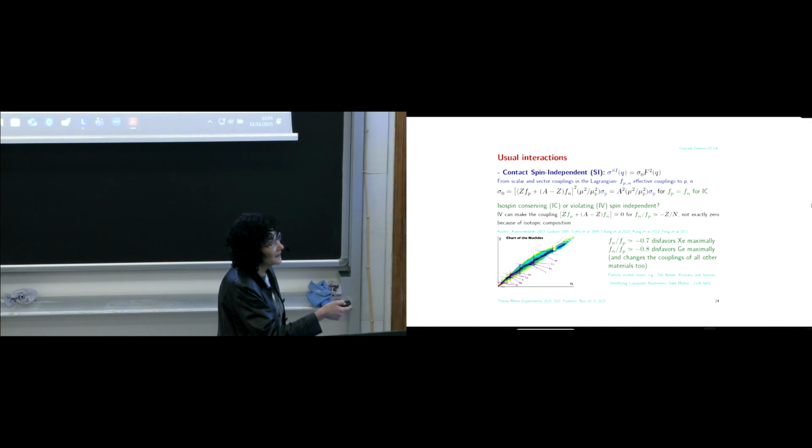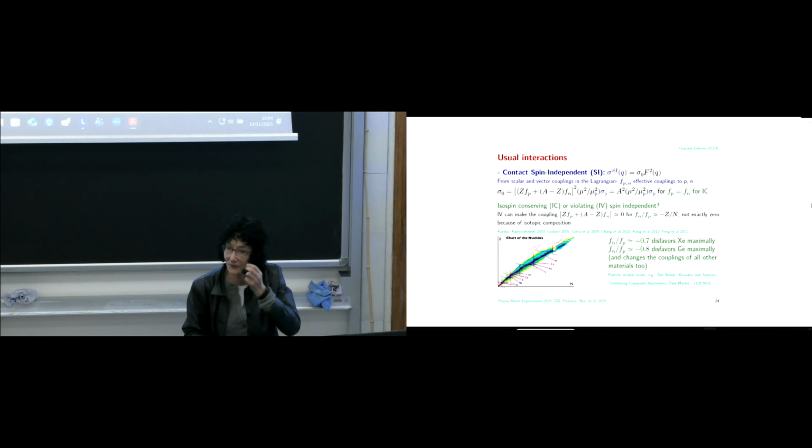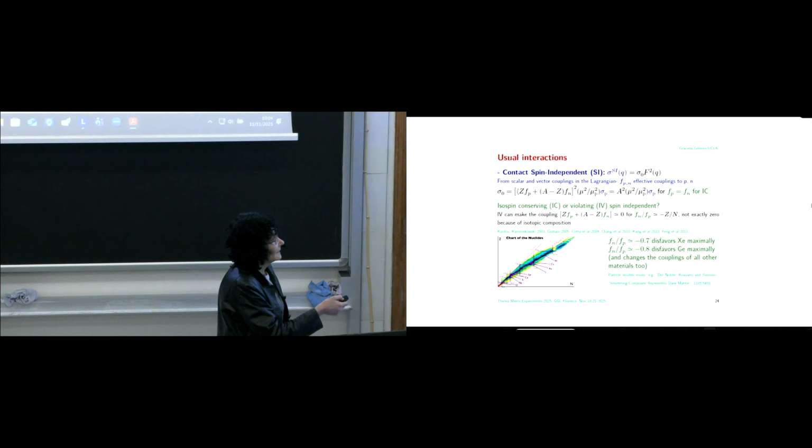Isospin conserving is Fp equal to Fn, but you could have isospin violating. Why isospin? Because the proton and neutron are a doublet of isospin, and isospin is conserved. They're essentially the same particle, so you have to have the same coupling. So, isospin conserving or isospin violating. This isospin violating was introduced phenomenologically because the line of stability of nuclei bends in this way.